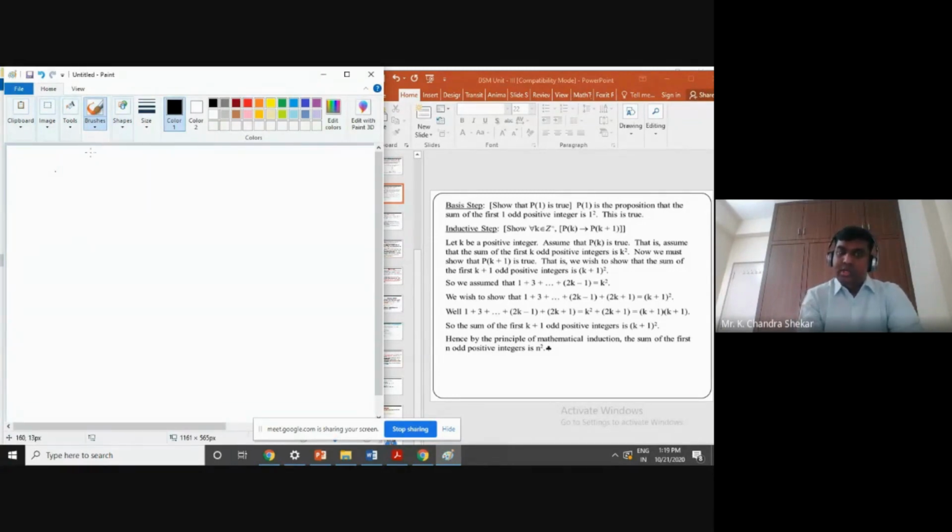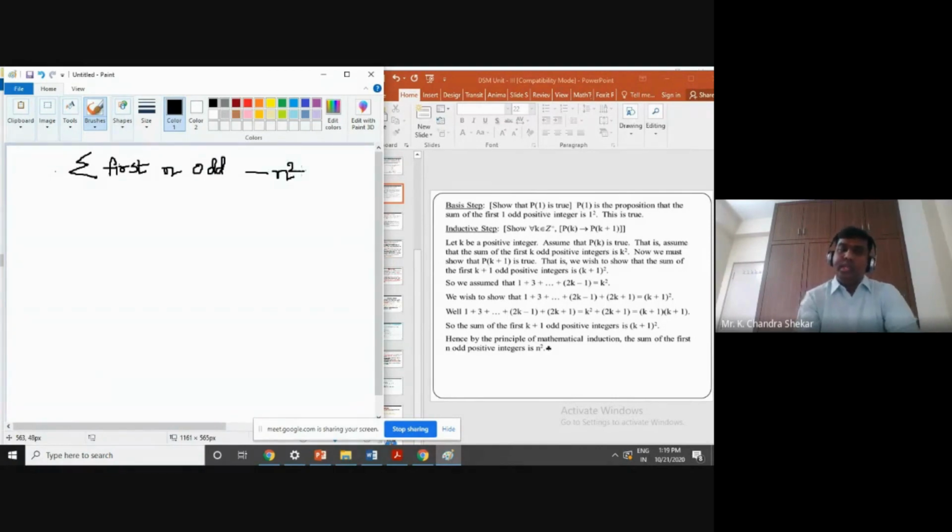It is simply nothing but the summation of the first n odd positive integers, and we are asked to show that it is equal to n square.